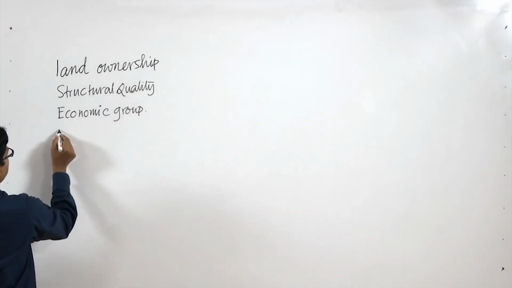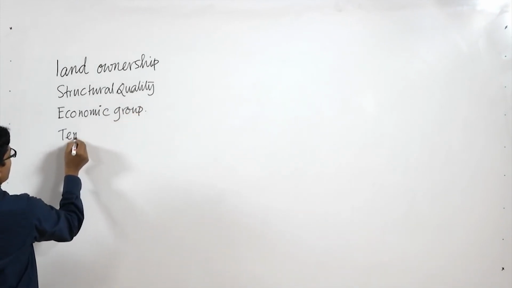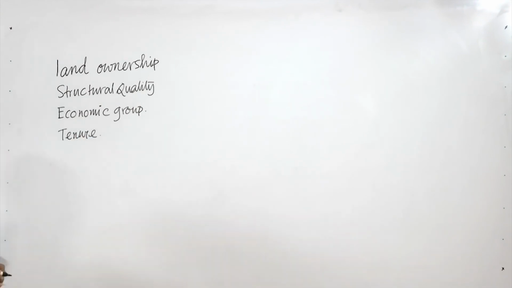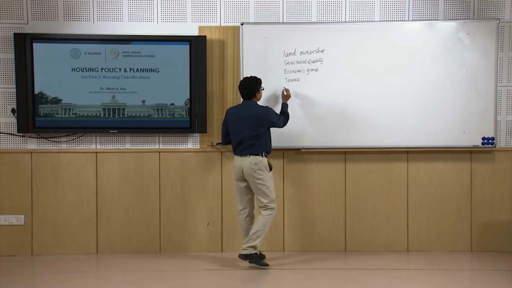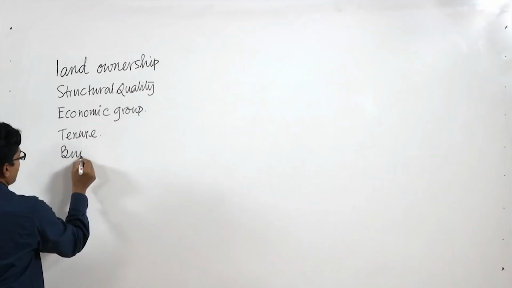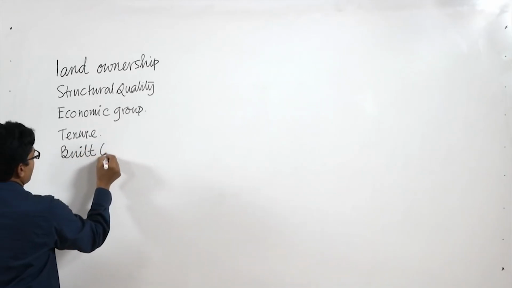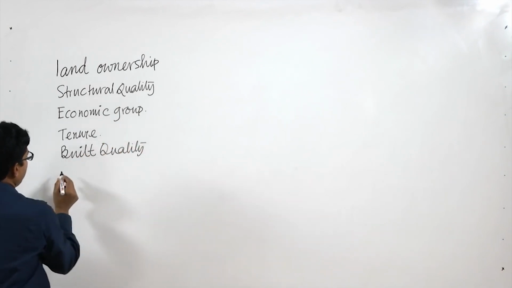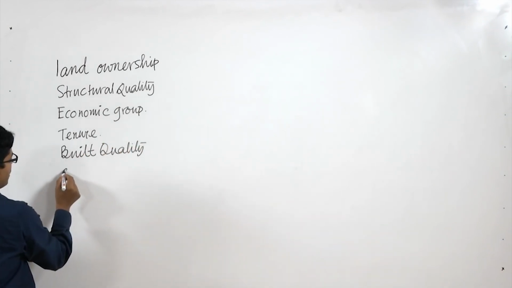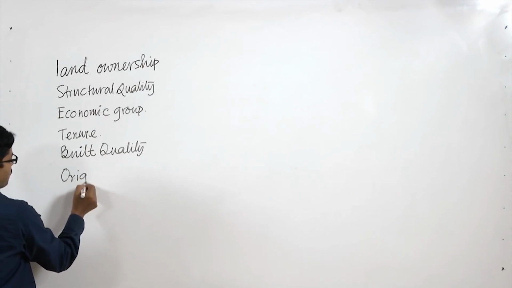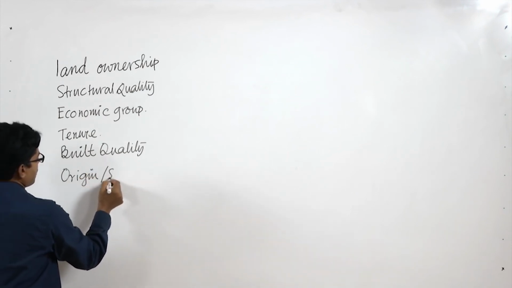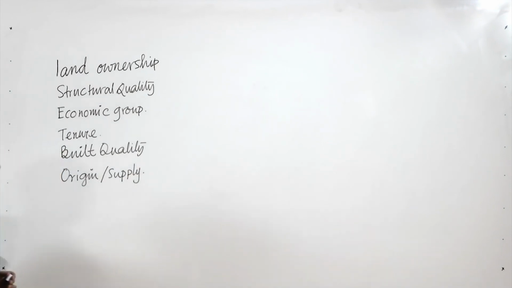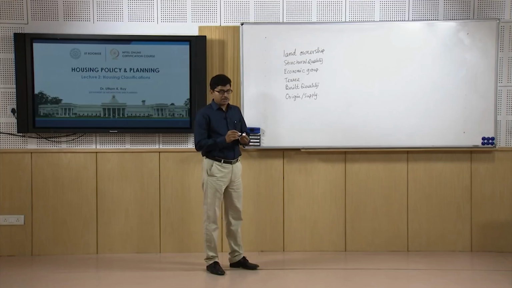Then the land tenure, or it can also be classified based on the built quality, and finally we also classify it based on the origin or supply source. Now let us take one by one how we classify it.